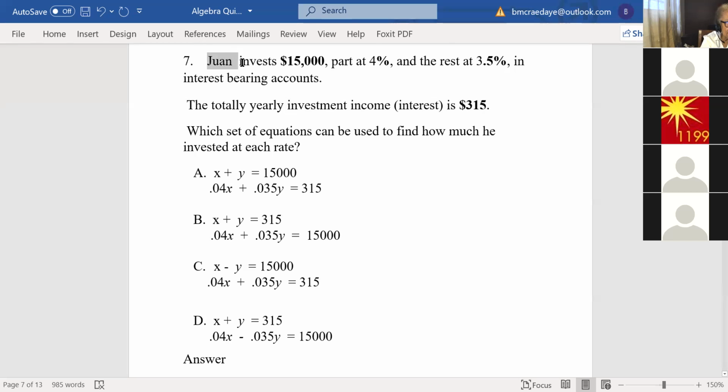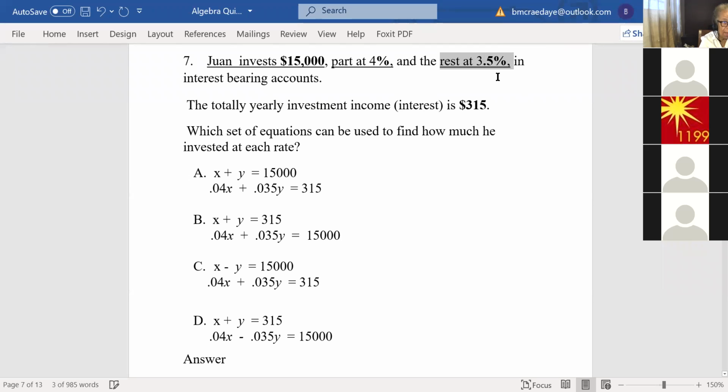Let me underline this. One, invested 15,000. Part at 4%, and the rest at 3.5%. So those are our keys right there.